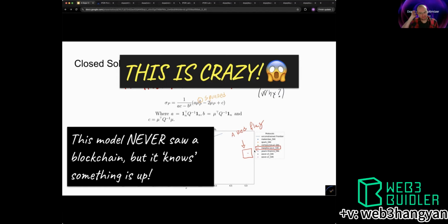And that's when I had this moment that I thought was crazy: the model can start filtering through this risk. Because if you look at the equation, it doesn't know what a blockchain is. On the first example in the slides, it doesn't know this concept of a bridge. This model never saw a blockchain, but still it can separate the risk and returns of the pools. So that's what blew my mind.